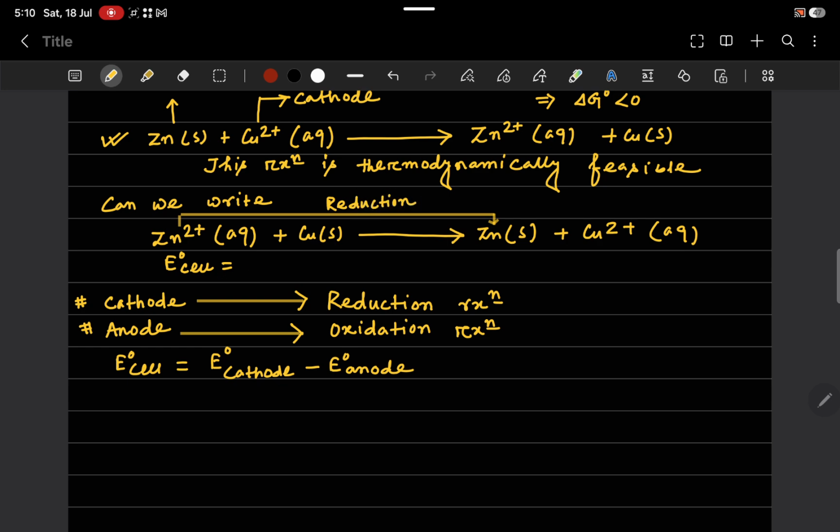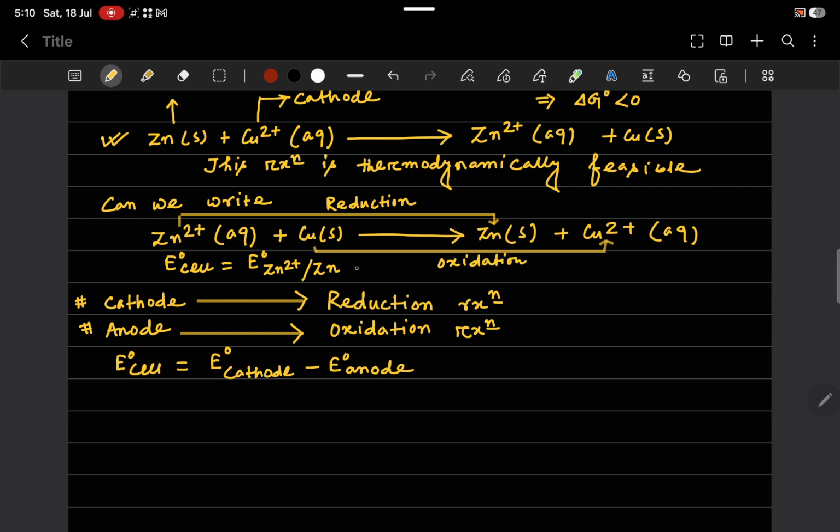So we have to write E0 cell is equal to E0 zinc 2 plus, zinc minus, this is reduction, sorry, this is oxidation.